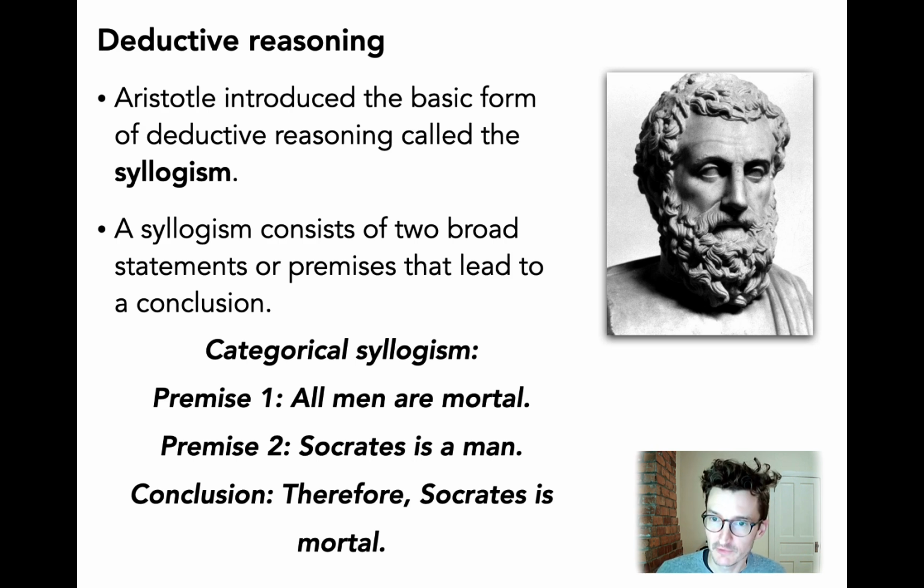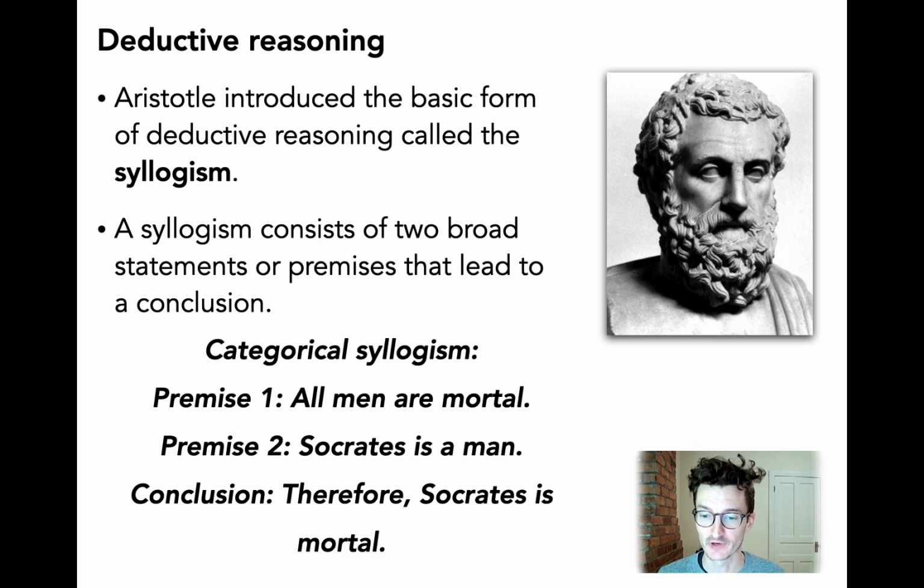Now, the form that is used in deductive reasoning is known as the syllogism. And this was introduced by Aristotle, so back in ancient Greece. And the idea here is that in the syllogism we have two broad statements, or premises, that lead to a conclusion. So in this example, premise 1, all men are mortal. Premise 2, Socrates is a man.